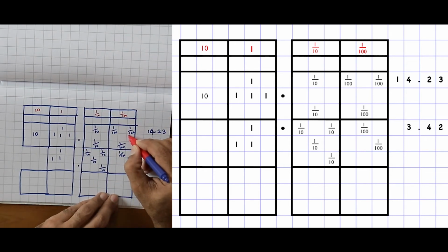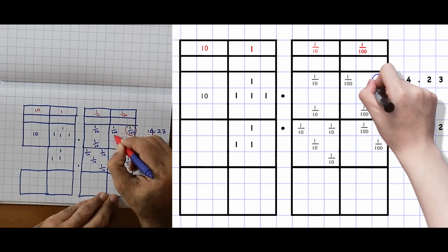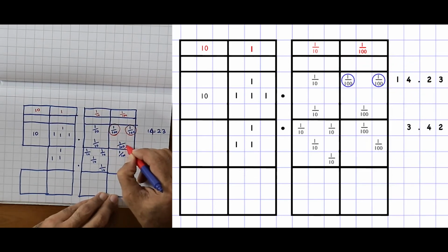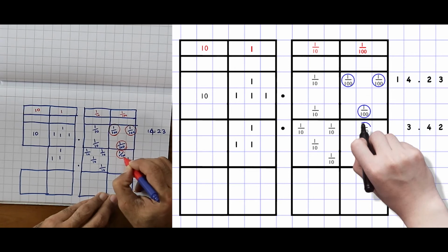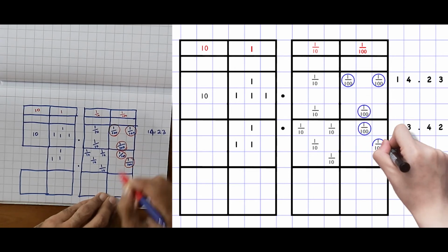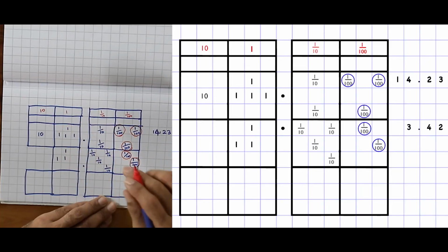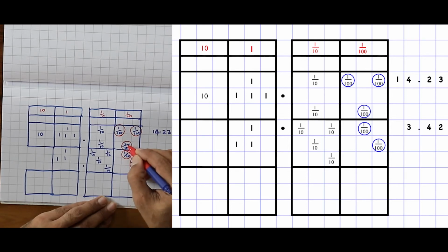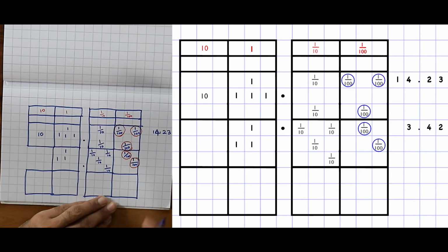Let us see how much we have here. 1, 1 by 100, 2, 1 by 100, 3, 4, 5. If we got 12 here, we would have to bundle it and write 2 here. But what have we got here? 1, 2, 3, 4, 5.